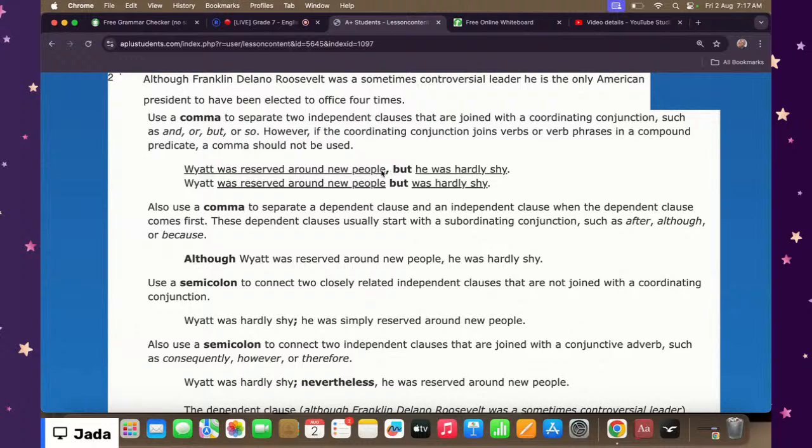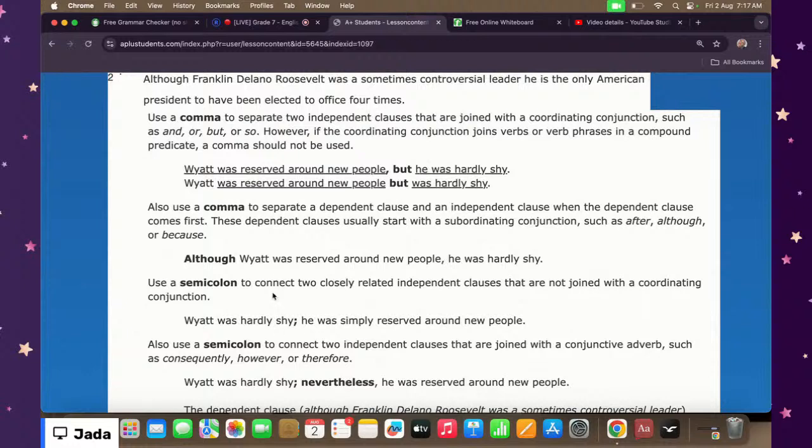The second one says: he was reserved around new people but was hardly shy. Now the difference is that it doesn't have the pronoun he, so it is coordinating the verbs, joining both verbs together. So you do not need to add a comma. You just put your coordinating conjunction.